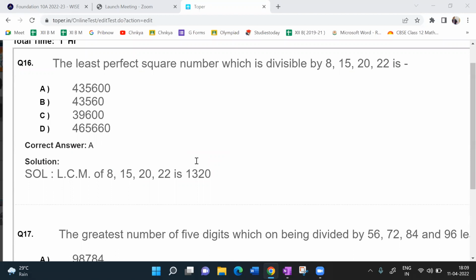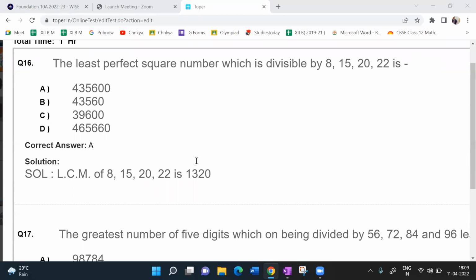So for the 16th question, select the largest 5 digits, which is 99999. So I can subtract the LCM of these numbers from it. Yes, you have solved in different ways, but I'm not getting responses from anyone of you regularly.